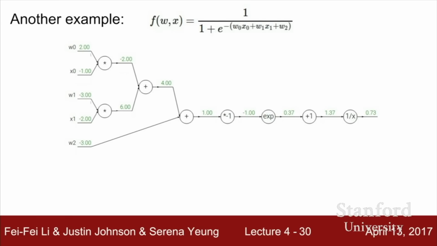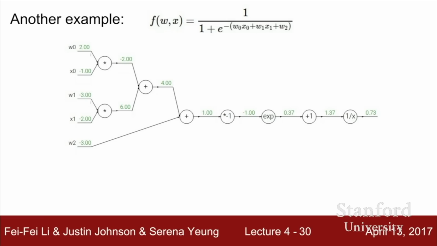So now we're going to go through another example, this time a little bit more complex, so we can see more why backprop is so useful. So in this case, our function is f of w and x, which is equal to 1 over 1 plus e to the negative of (w0 times x0 plus w1 times x1 plus w2). Right, so again, the first step always is we want to write this out as a computational graph.